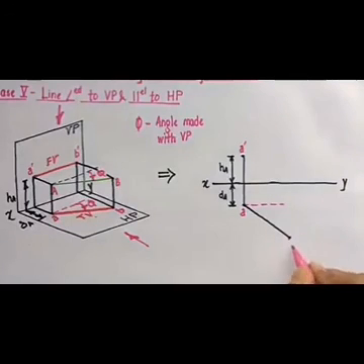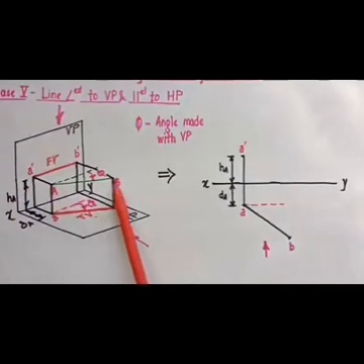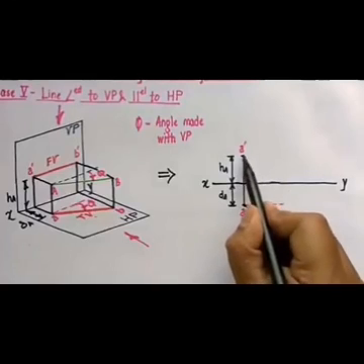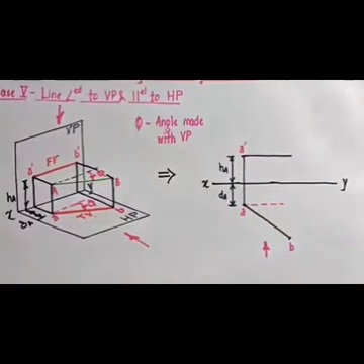This is B, sorry, and then we are going to look at this from the front. We already know the line is parallel to the horizontal plane, so its front view is going to be a straight line. This is parallel to XY. I'm going to draw this. That's it.